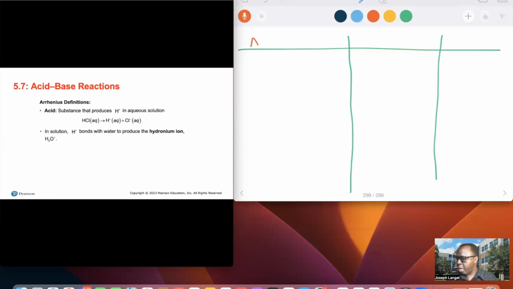There is the Arrhenius acid. There is the Bronsted-Lowry. And then there is the Lewis definition of an acid.